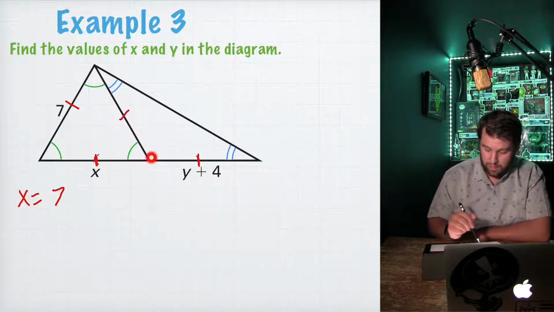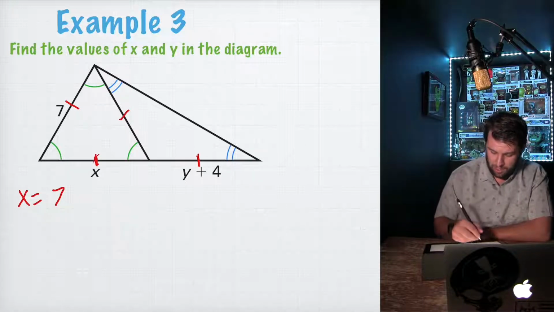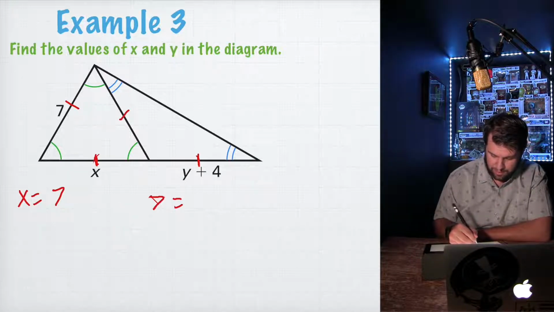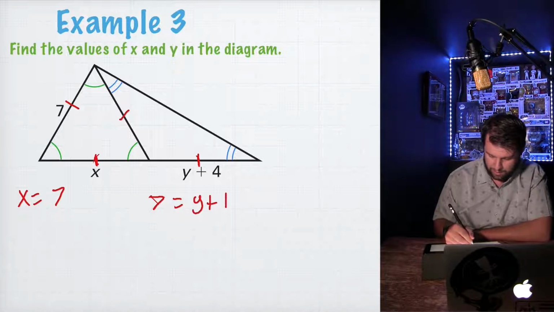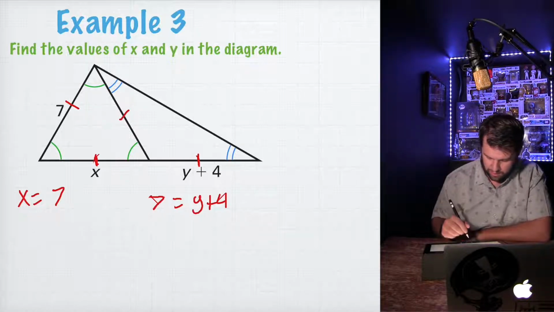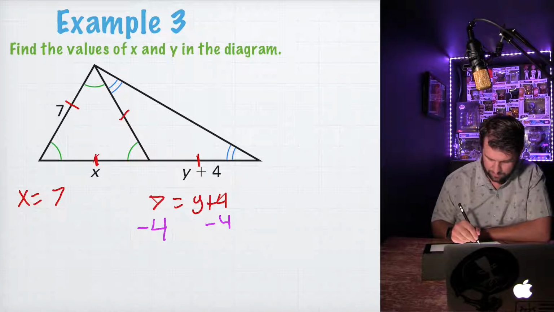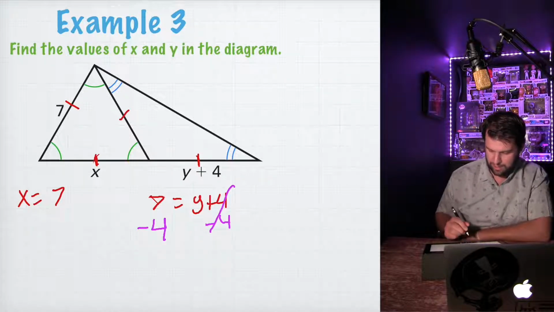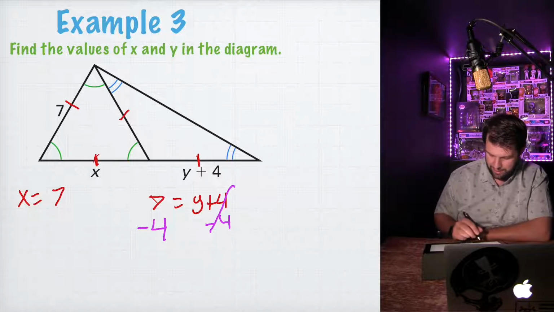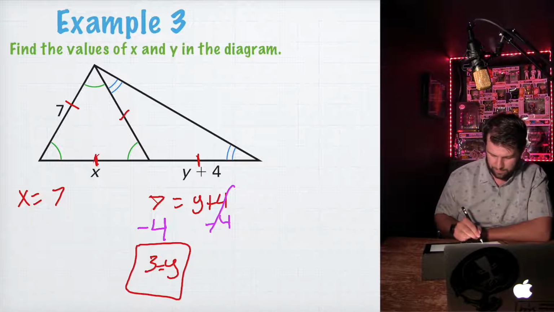So we know that this line is going to have to equal 7. So 7 equals Y plus 4. If we subtract 4 from each side, these 4's cancel out, and 3 equals Y. Okay.